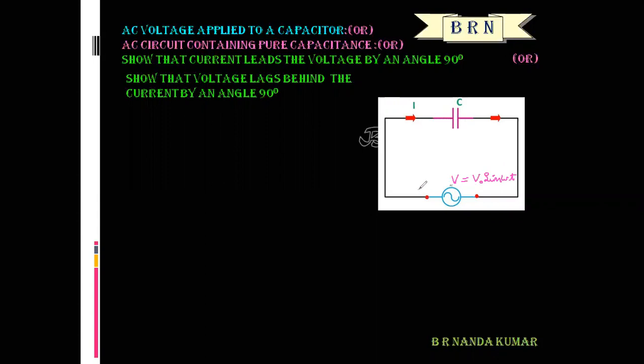This is the positive terminal of the AC source, and this is the negative terminal of the AC source. The current is always drawn from the positive terminal, and this is flowing through the capacitor in clockwise direction.